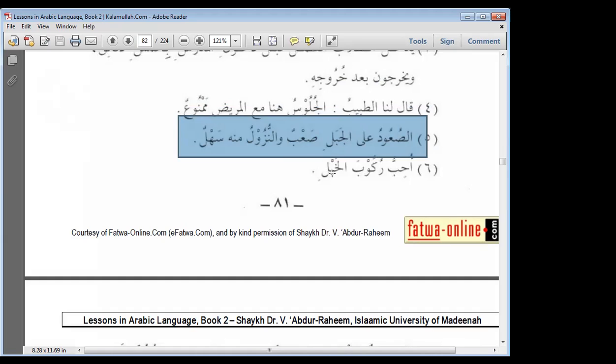So we have two masdars there. One is as-su'ud, and the next one is an-nuzul. Ascension is hard, but descent is easy. Descending from it is easy.